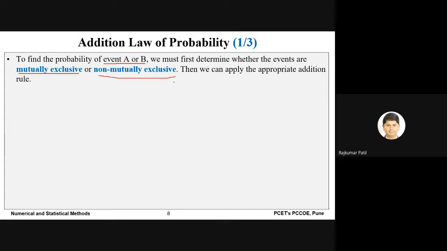That we first need to identify, and then we need to calculate the probability of occurrence of event A or event B.